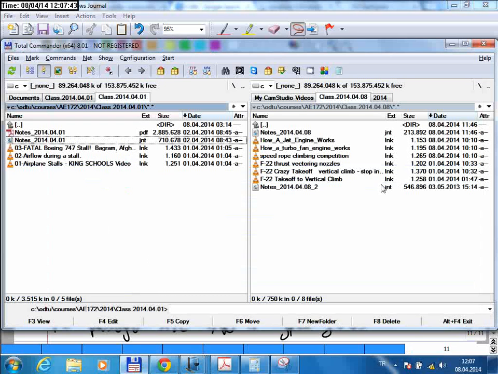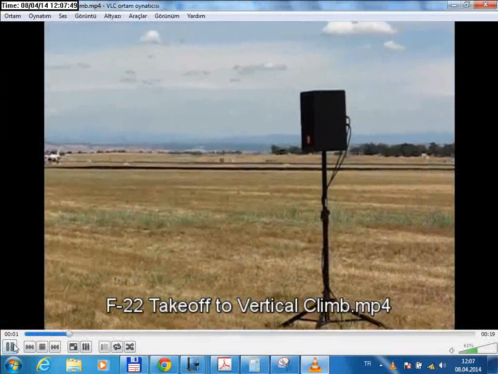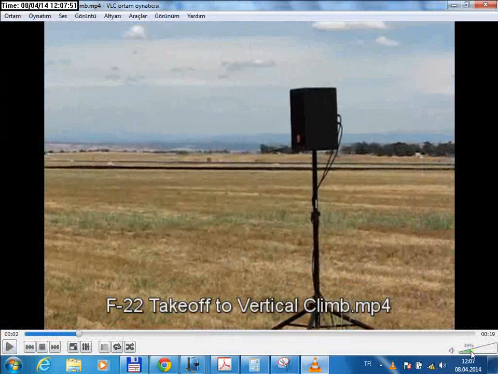So let me see. Fighter jets have very large thrust weight ratios, and let me show you this video. In this video we're going to see the F-22 aircraft taking off, and it has a thrust weight ratio of greater than 1. I remember it as 1.15 or something like that.